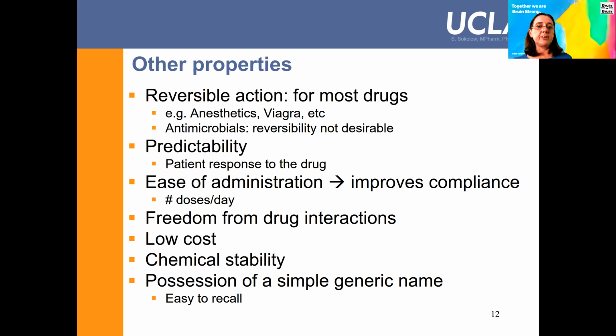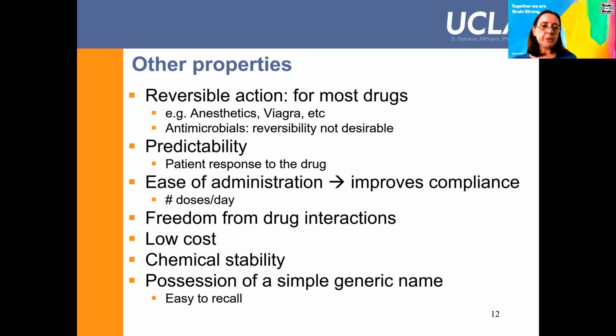If you give an anesthetic to a patient to put them asleep during a surgery, you want that effect to be reversible. You don't want your patient to stay asleep for hours and hours. Other drugs, Viagra, I think everybody knows what Viagra is for. Same thing, the effect has to last and disappear once the half-life of the drug occurs.